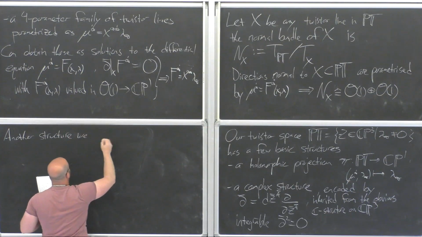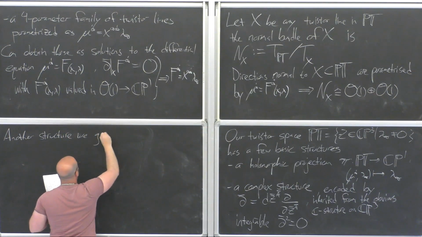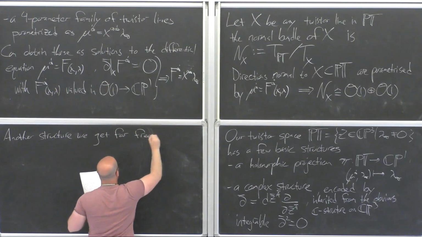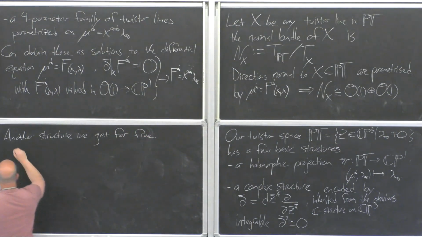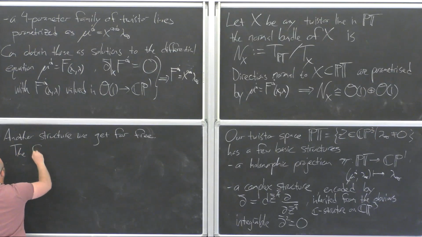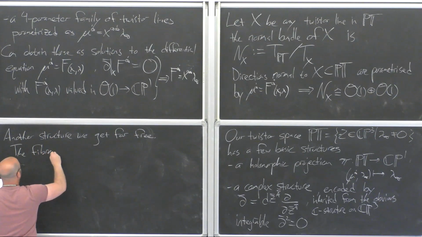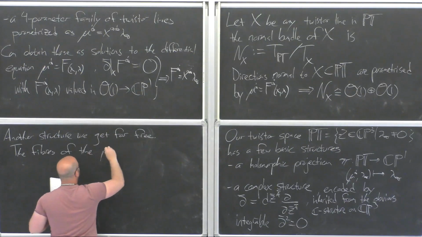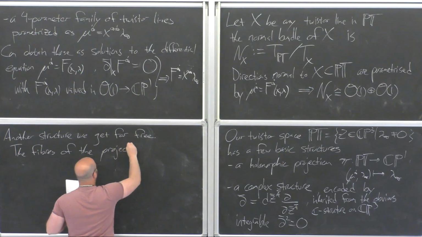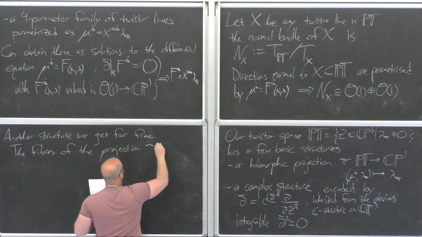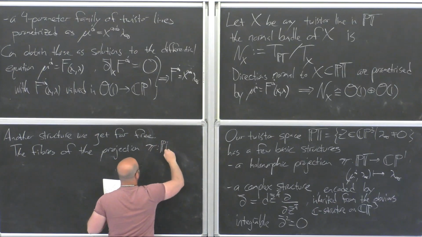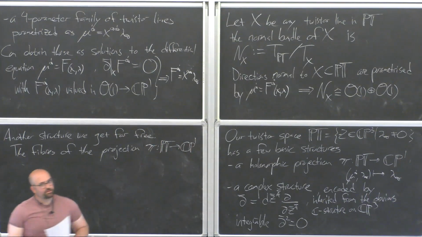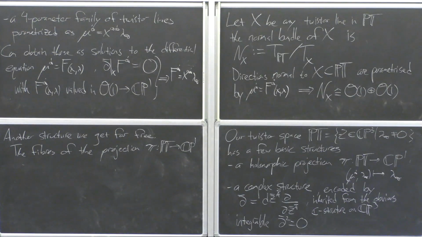So the fibers of the projection pi, which takes us from twistor space to the Riemann sphere, look like C2, right?